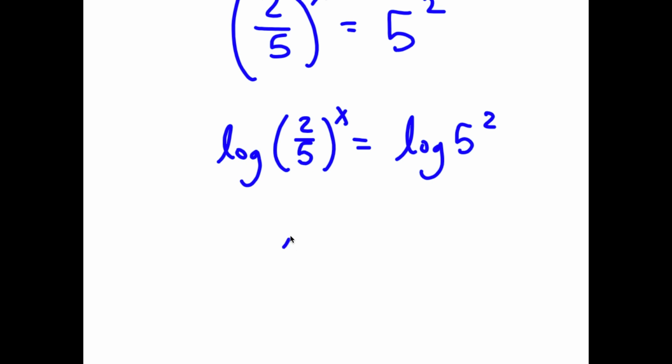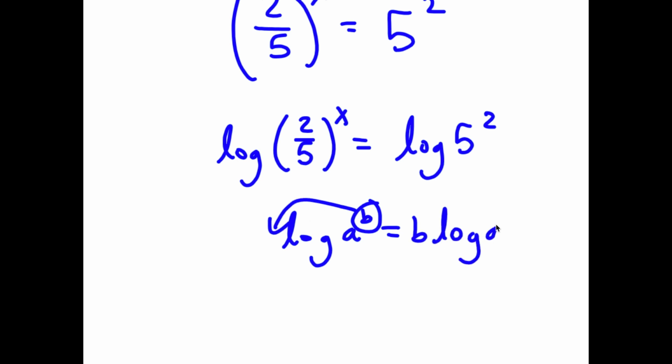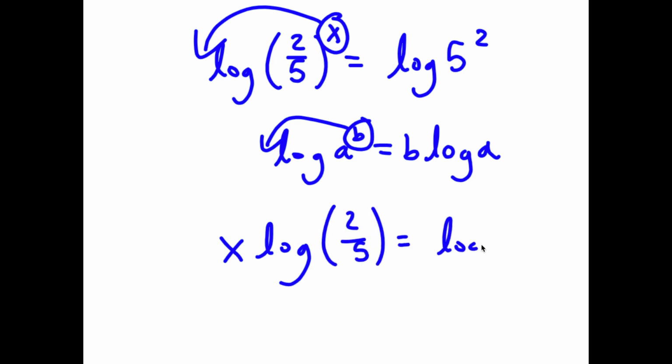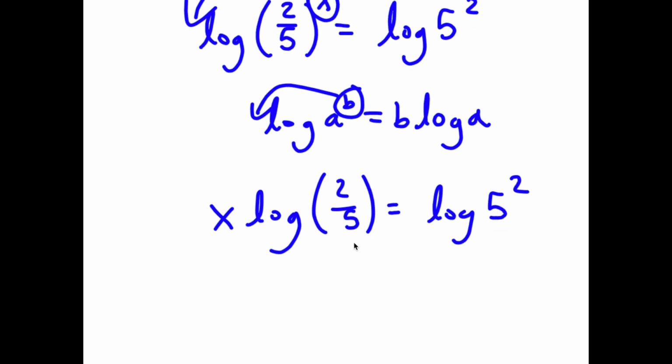And if I have something in the form log a to the power of b, I can move this exponent b to the front. So this gives b times log a. So for log 2 over 5 to the power of x, I can move x to the front. And now I'm going to have x times log 2 over 5 is equal to log of 5 squared.